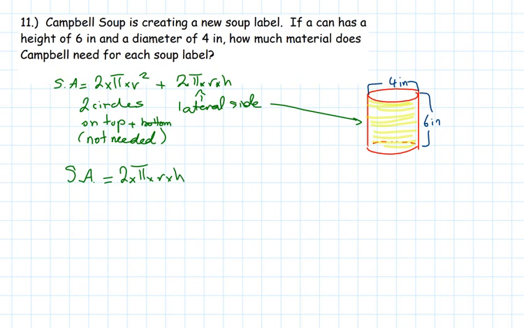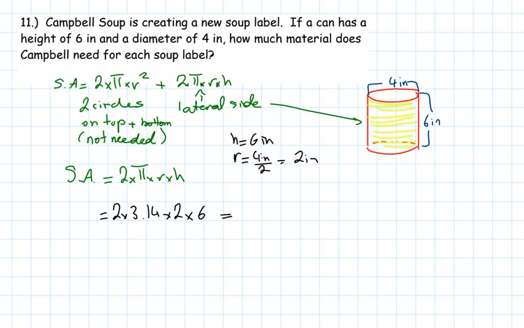Before we start, let's define what r and h are. r is 4 inches divided by 2, or 2 inches, and h, the height, is 6 inches. That's just straightforward. So we plug this into the formula. We have 2 times 3.14 times r, which is 2 inches, times h, or 6 inches.